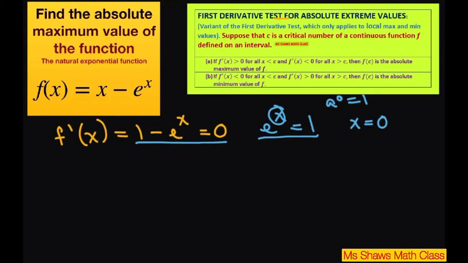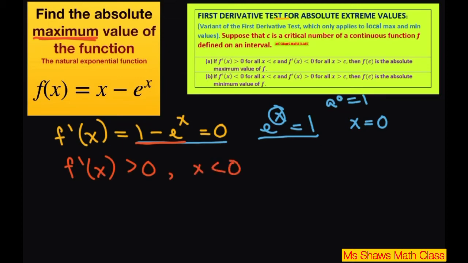Now, we really don't have to find the max and min. I'm going to talk about it. They're already kind of telling you what is the max. But basically, since we have our derivative of x, this part is positive when x is negative.